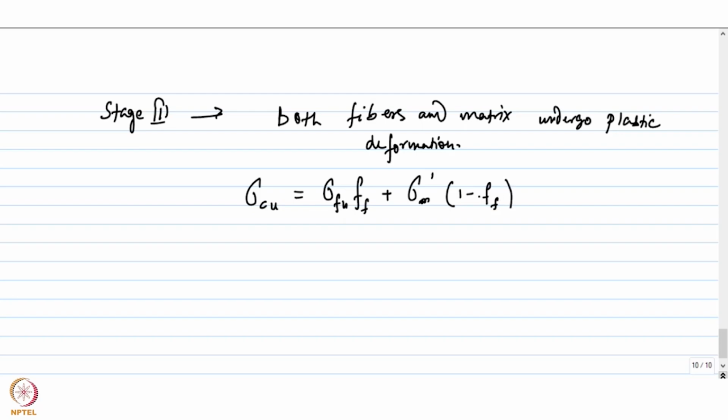So at this stage, the fibers can fracture. So this is the fracture stress for the fibers. And sigma m prime is the flow stress of the matrix at a strain corresponding to the fracture stress of the fibers.